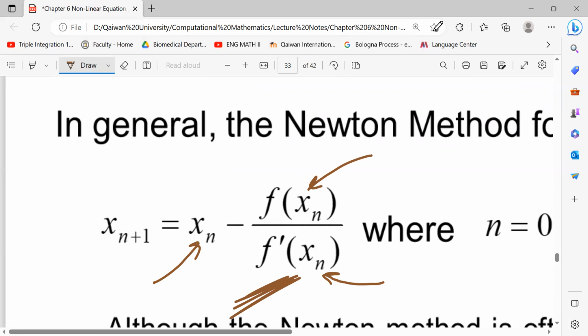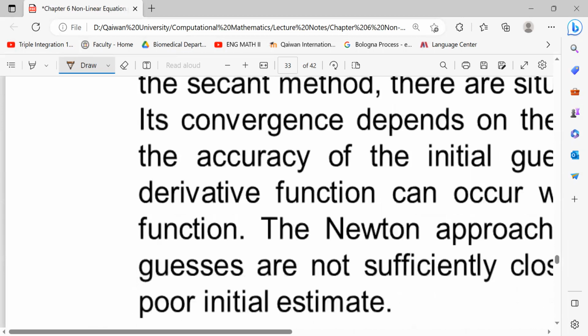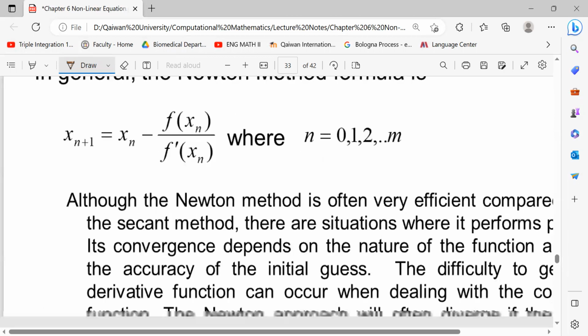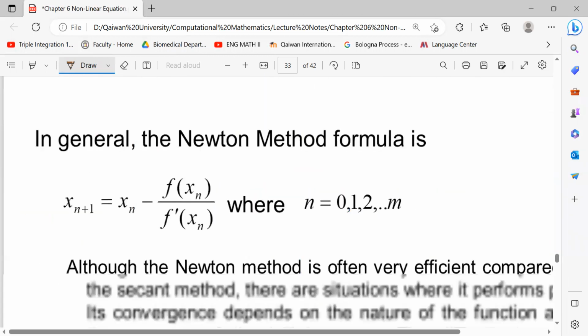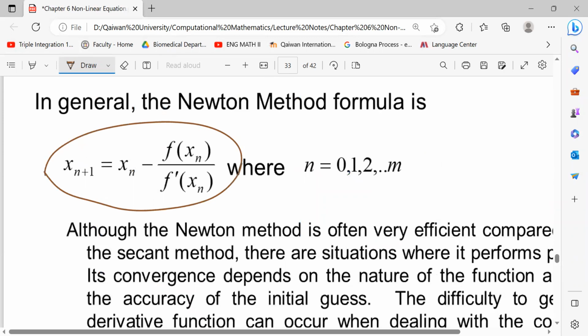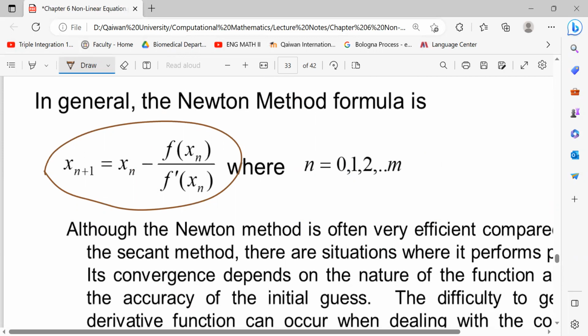This is the rule for Newton's method. As I said, it works on only one point, and you should know the formula. For the next point, it is the given point minus f of the given point divided by f prime at the given point.